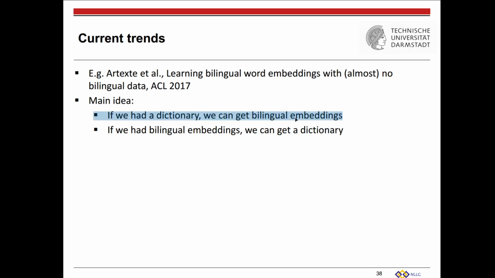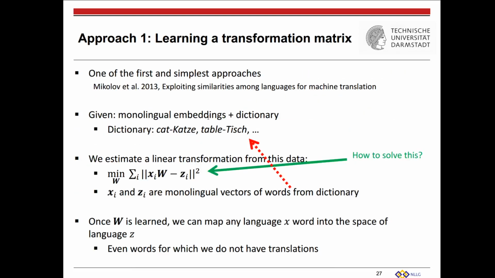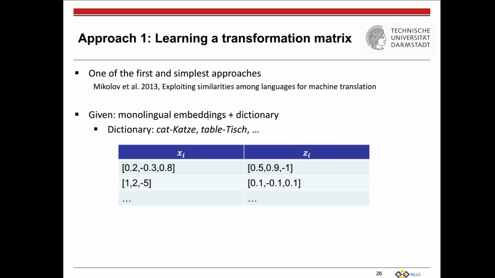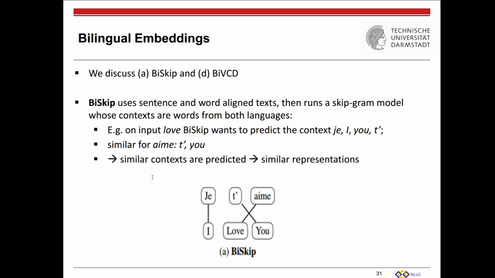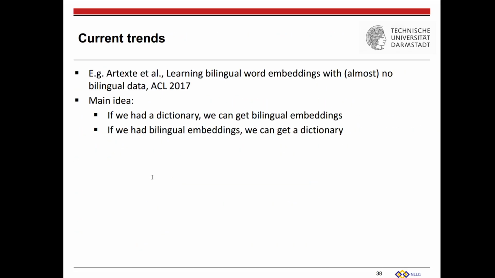We already know that because we know the approach of Mikolov, 2013. Of course we need to have monolingual corpora and monolingual embeddings, that's always the case. But if we have a dictionary, then we can get bilingual embeddings. And the other insight is, if we have bilingual embeddings, then we can get a dictionary.